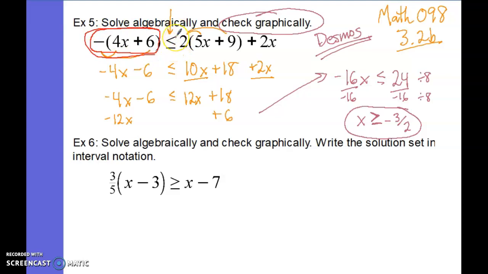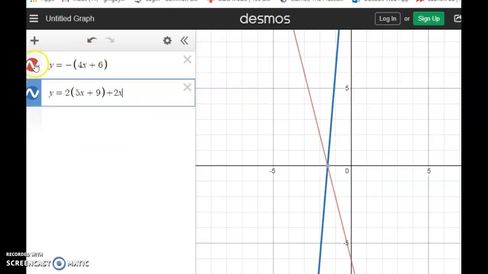Well, what does that mean graphically? If something is less than, it means it needs to be below the other function. So as I look at Desmos, I'm looking at where the red curve is below the blue curve, and that happens to the right of negative 1.5.